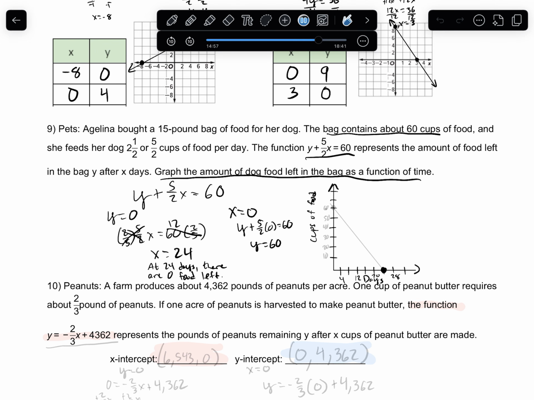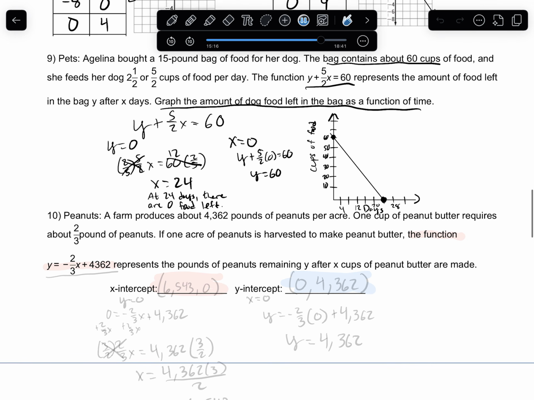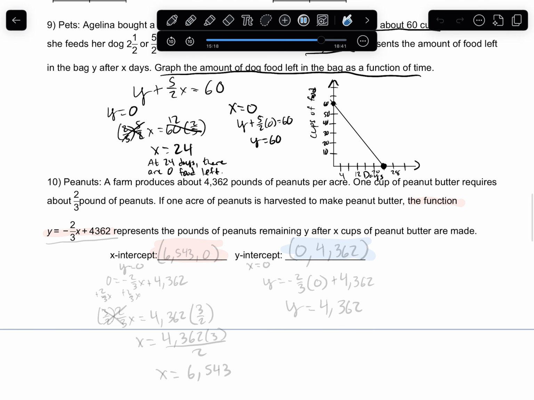So that means we'll go by tens here. 30, 40, 50, 60. So that would be where the y-intercept is. And then we can graph. It's probably the best graph I can draw. And that's it. It's asking us to just graph it.